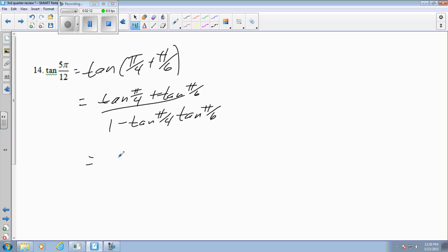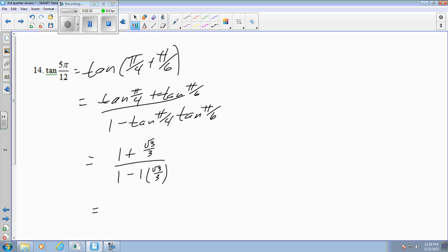Let's find some values for each of those. Tangent of pi over 4 is 1, plus the tangent of pi over 6 is the square root of 3 over 3, divided by 1 minus, I get 1 times square root of 3 over 3.